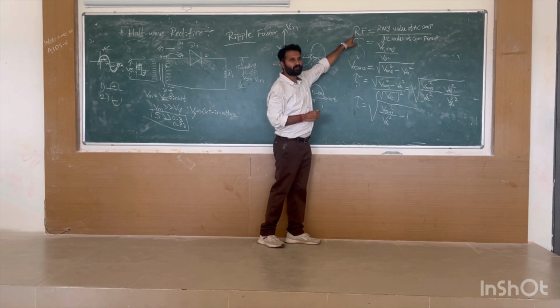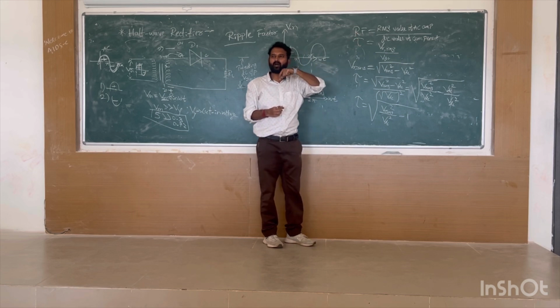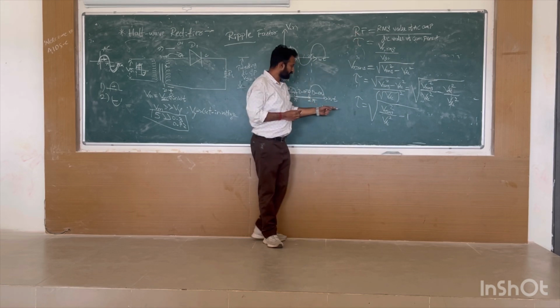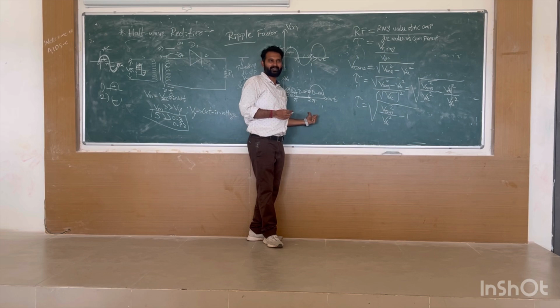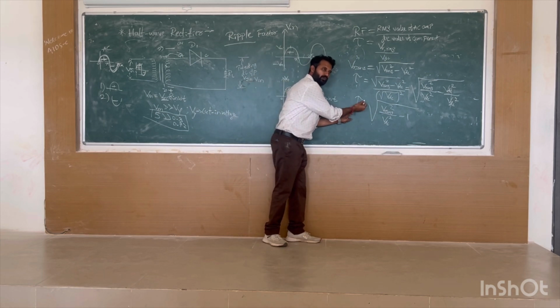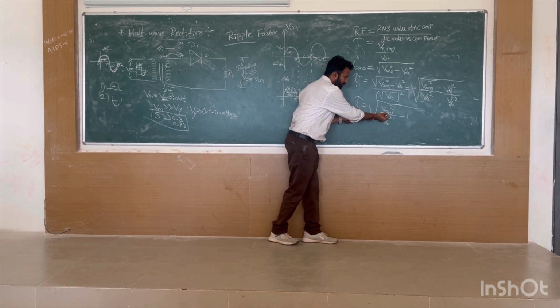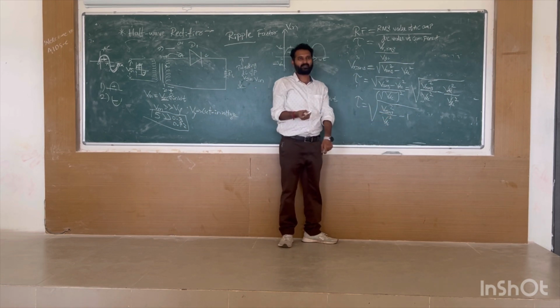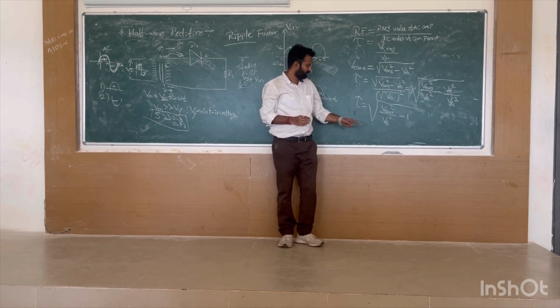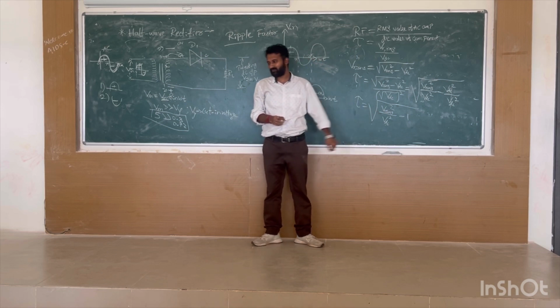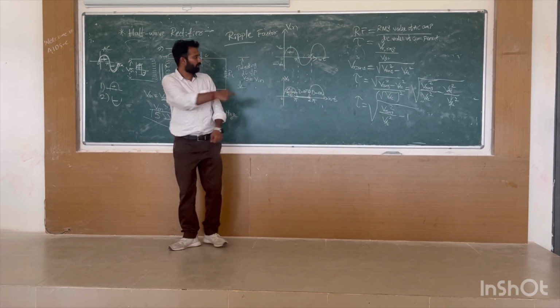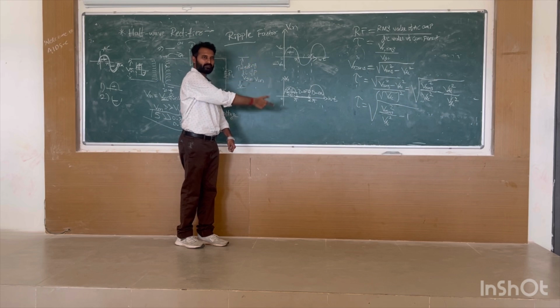Now our task is to know the value of tau. Tau means ripple factor. How much AC is available in DC? We want to know the value of this. To know it, we should know what V_RMS and V_DC are. Now I will tell you what V_RMS and V_DC are.